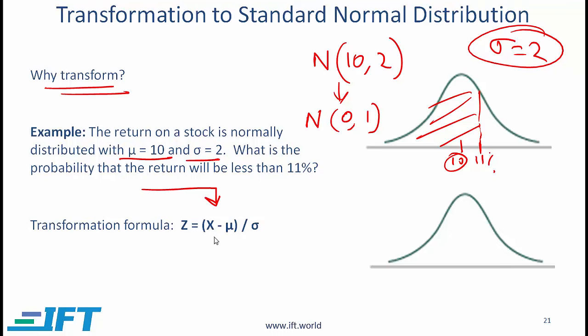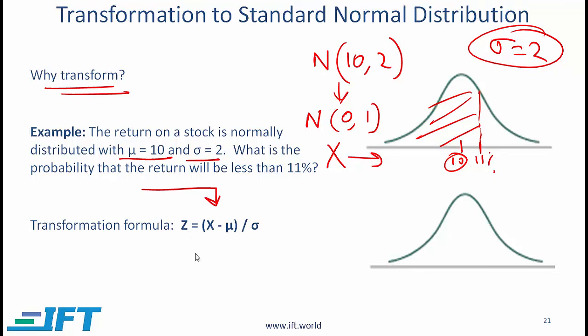You have an x value, and that is what we have over here. For your normal distribution, the random variable is denoted by big X, and we want to find the probability that this big X is less than or equal to 11. So let's do the transformation of this normal distribution into standard normal using this formula.